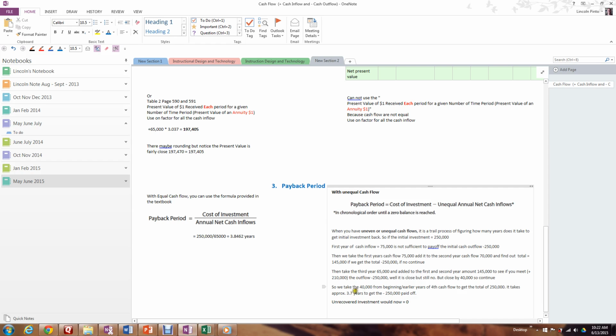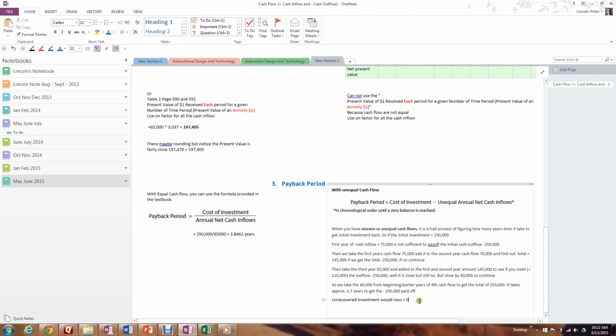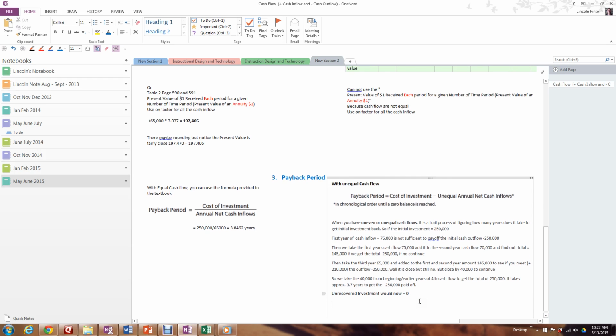So that's how we come up with 3.7. Now, the amount of investment we have not covered is zero, because we wanted 250,000 to be covered, and we've got cash flow of 250,000. Therefore, the unrecovered investment is 0, because 250 is equal to 250.